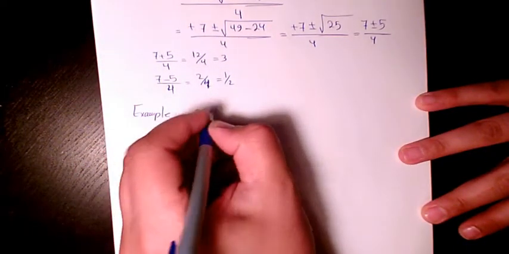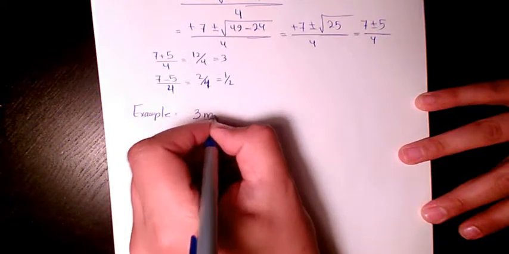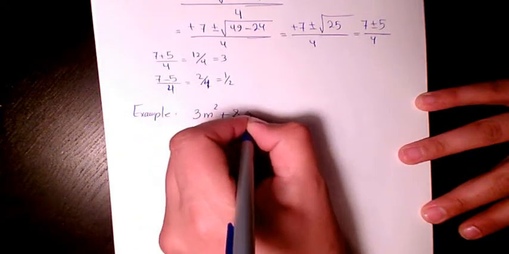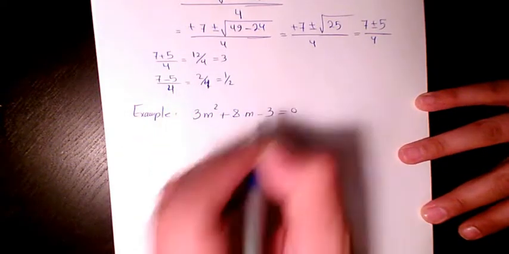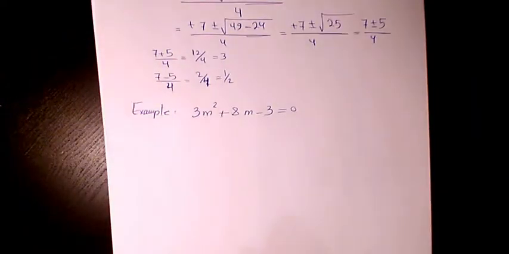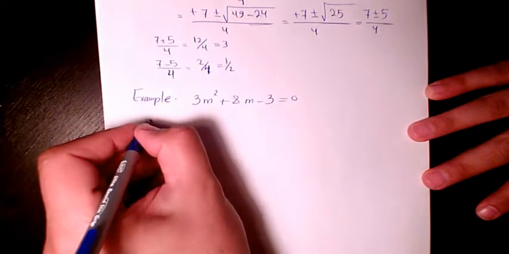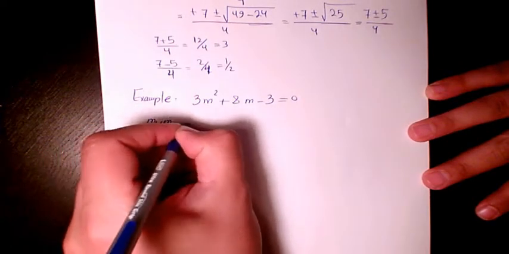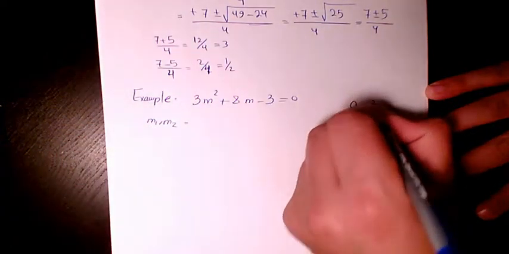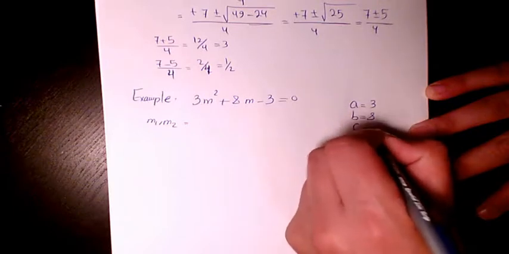3m squared plus 8m minus 3 equals 0. m1 and m2: a is 3, b is 8, c is negative 3.